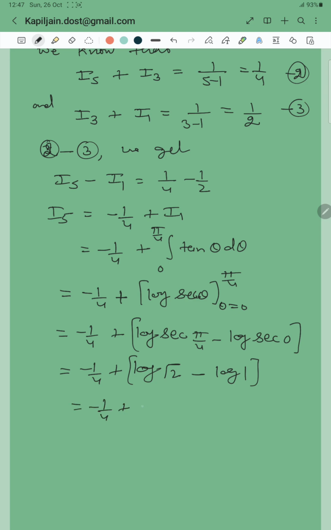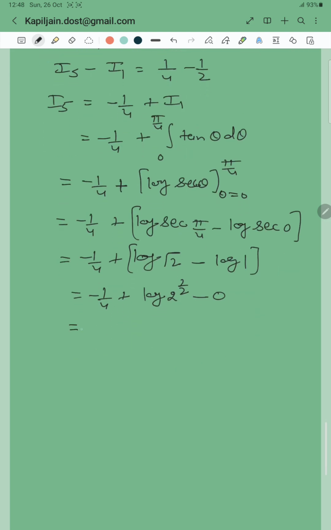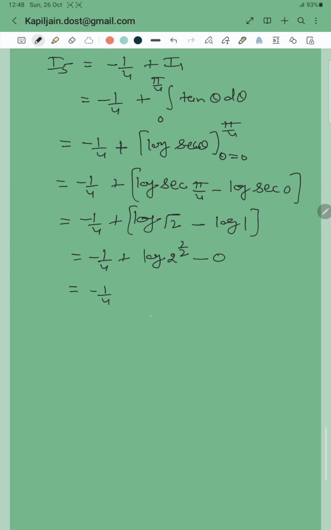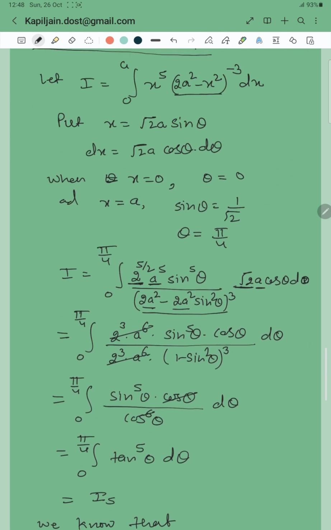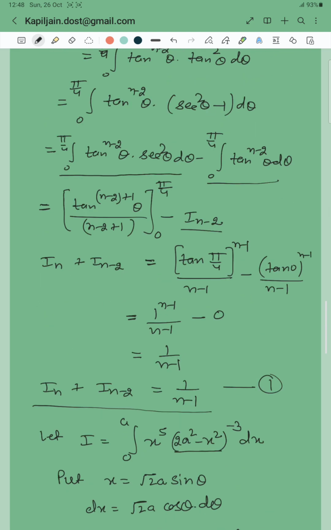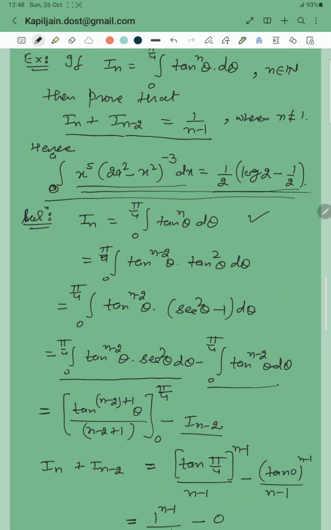Minus 1 by 4 plus log 2 raised to power 1 by 2 minus 0, and by using the formula log a raised to power b is equal to b log a, we get 1 by 2 log of 2, and taking the common 1 by 2 we get 1 by 2 (log of 2 minus 1). Yes, this is our right hand side.